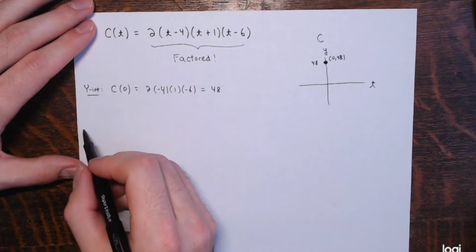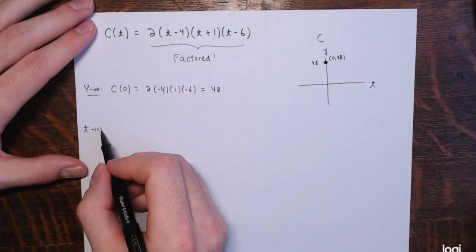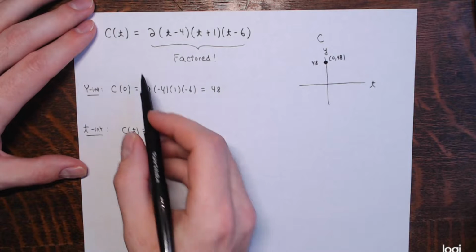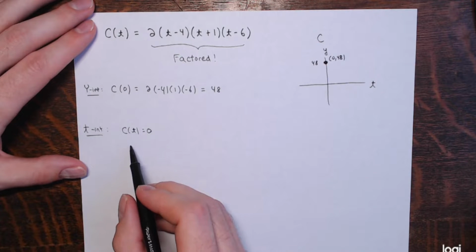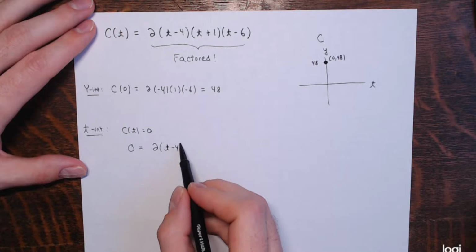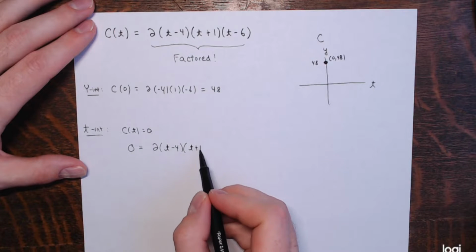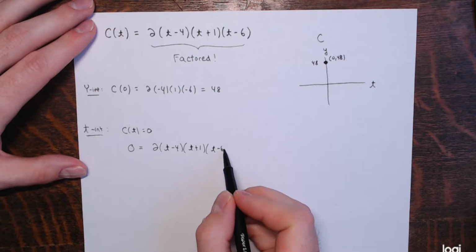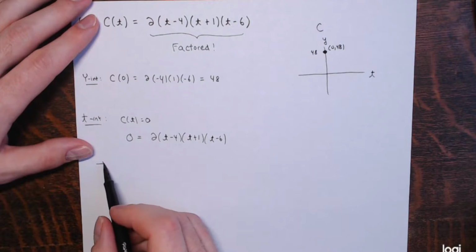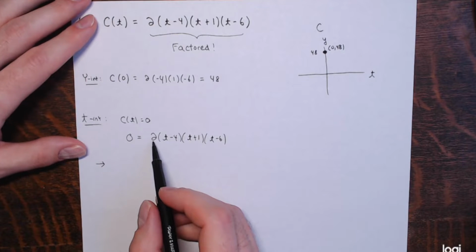And now for the t-intercepts, we're just replacing c of t with 0, replacing the output with 0. So 0 equals 2 times t minus 4 times t plus 1 times t minus 6. And I'm hoping it's obvious, you can apply the zero product property to say that one of these factors has to be 0.